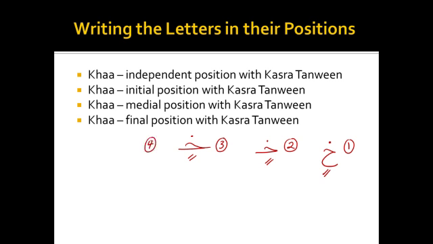And in the final position, khin. Now, one thing to note here is that although the kasra tanween is written below the letter, it is actually only going to show up in words in the independent position and in the final position.